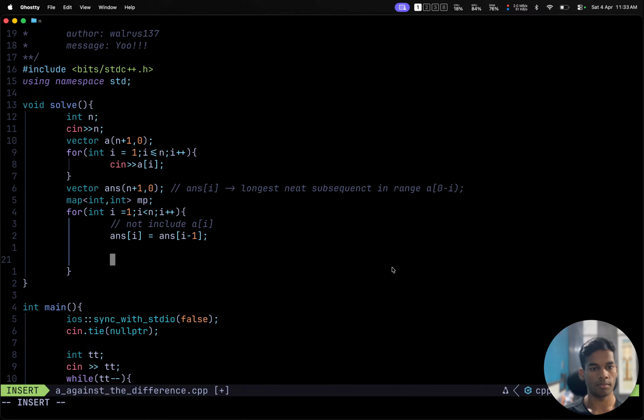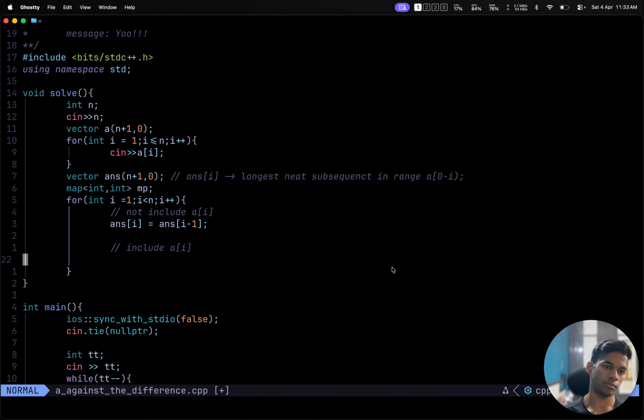And then you try to include a i. And when you do, you need to find not just an integer, you also need the index here.